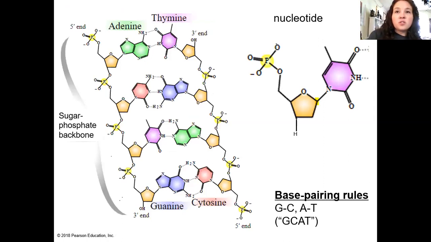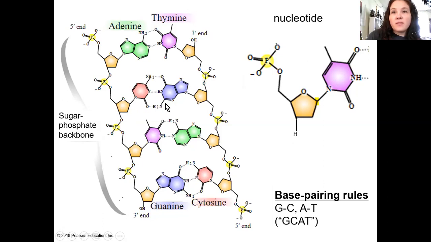I want you to note that the sugar molecules and the phosphate molecules right here, these guys bond together to form the outside of the DNA. We call this the sugar phosphate backbone. The sugar phosphate backbone is held together with covalent bonds between the nucleotides. Those are very strong. And the hydrogen bonds in the middle of the molecule here hold the bases together.